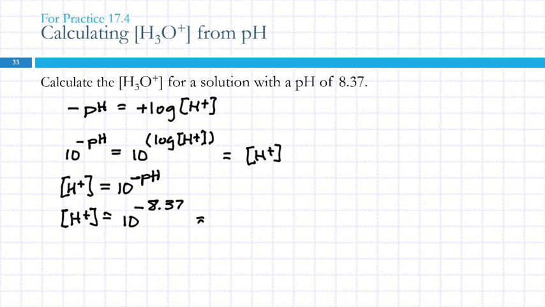And then this is what my calculator gives me. How many significant figures should this number have? 2, because the pH has 2 places.